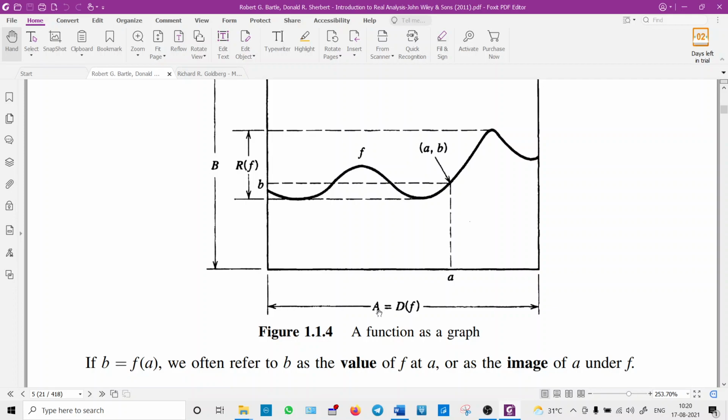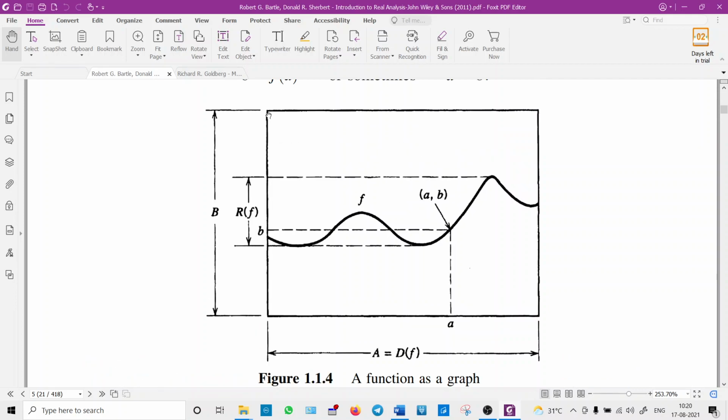I may give the name as capital A. This is the domain set, this line. And this full set, the y-axis, that's also the real line. We call it the codomain, called B, but this is called the range. See the range? The graph does not go beyond these two limits.